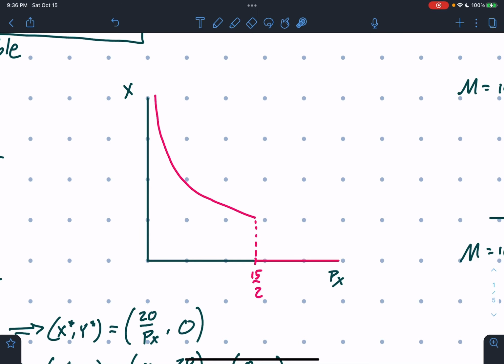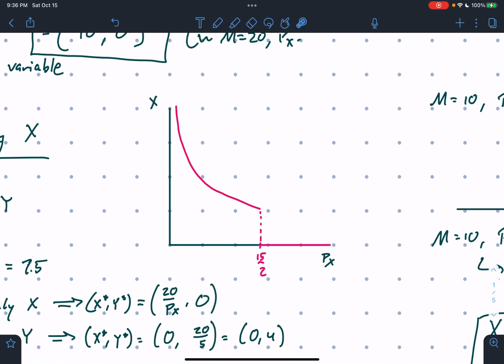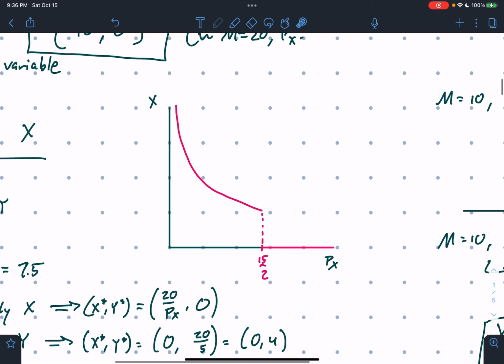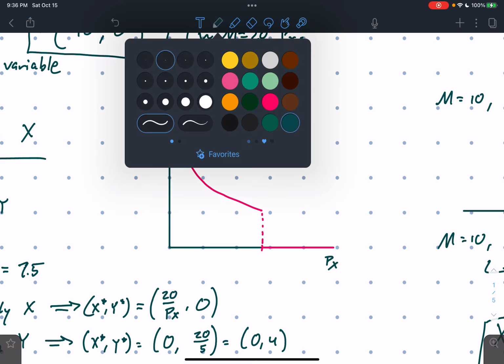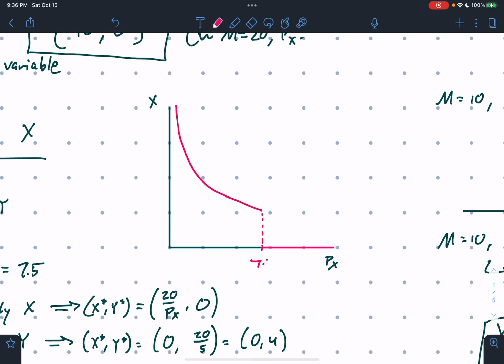So if we look at how I get this, at 7.5, just to be consistent, I switch from buying a positive amount of x right here to buying a 0 amount of x. So my demand goes from here, where I'm buying a positive quantity, to buying 0.